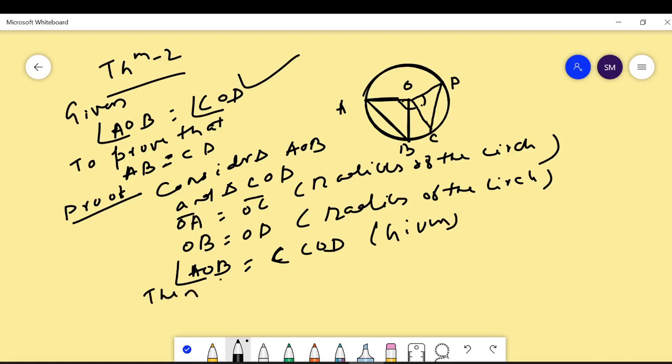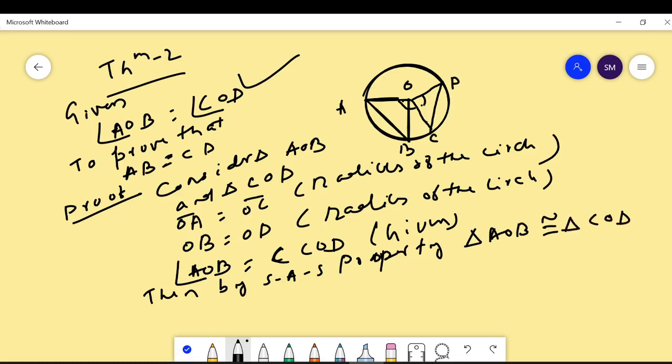by SAS property, both the triangles are congruent. Triangle AOB is congruent with triangle COD. Then by CPCT, AB is equal to CD.